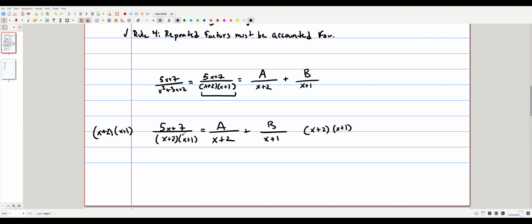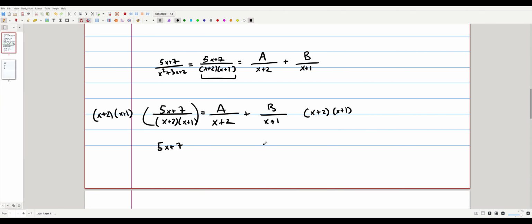Notice that these terms are going to cancel with the denominator of the thing on the left. So on the left-hand side, we're just going to end up with 5x plus 7. And then on the right-hand side, what we're going to have is x plus 2 and x plus 1 times a over x plus 2. When we FOIL these two terms here, the x plus 2's will cancel. And so we'll just get a times x plus 1.